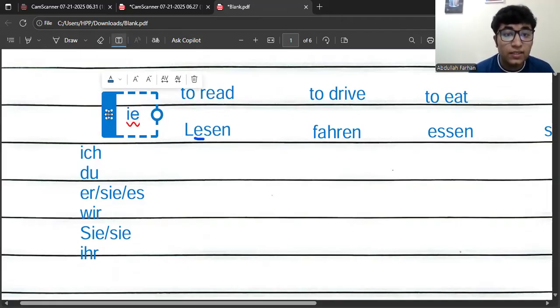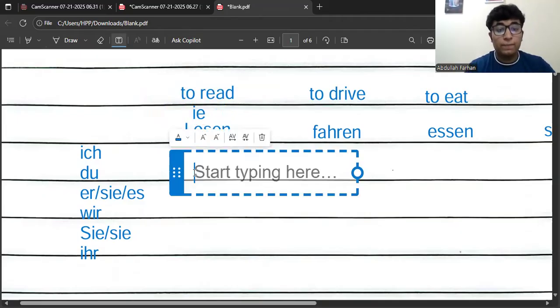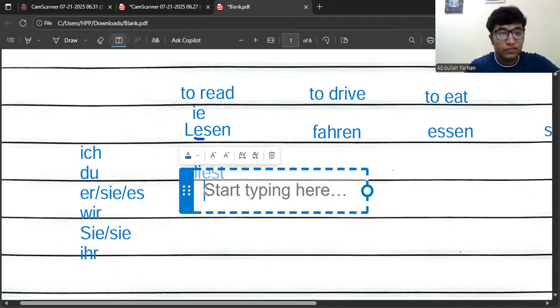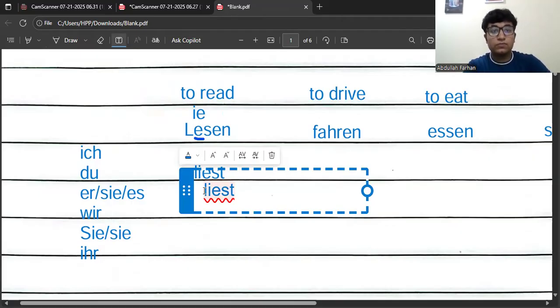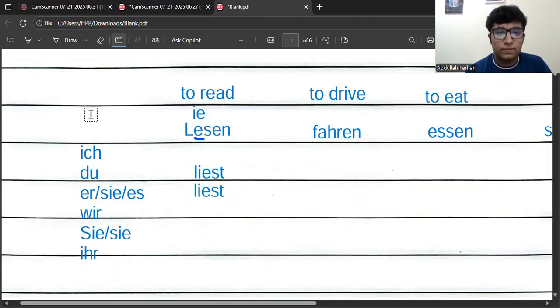Du liest, er liest. We just need to add a T and an S over there. It's not a very major change.